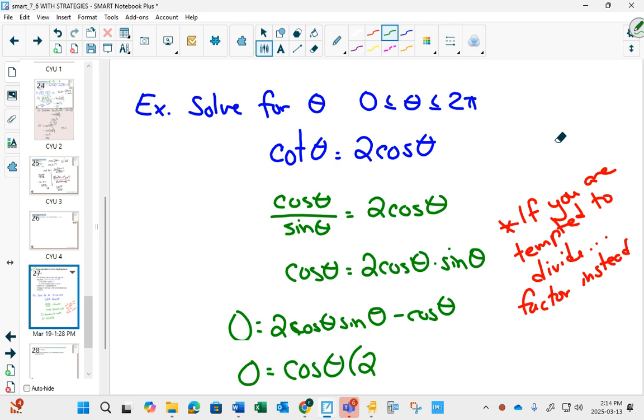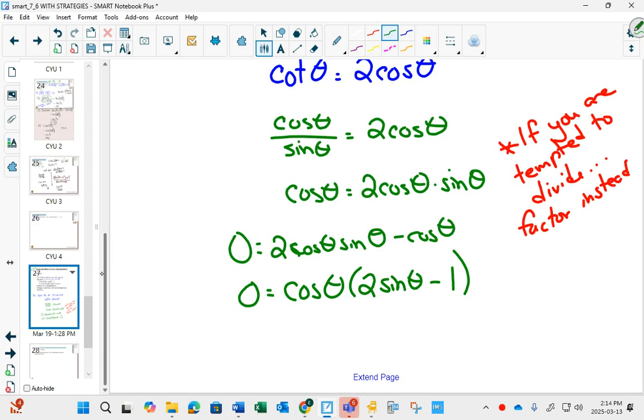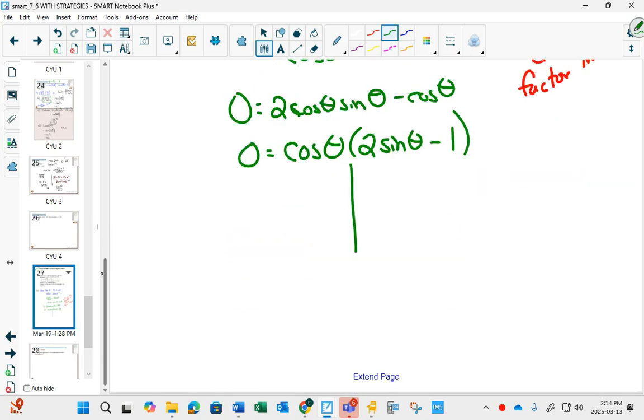Now careful here, taking the cos theta out of this doesn't leave you with one cos theta. The cos theta comes out, you still have the 2, you still have the sine, but the cos theta was factored out. Minus 1. And now we're multiplying equal to 0, so we can split it here, and either this is 0, or this is 0.